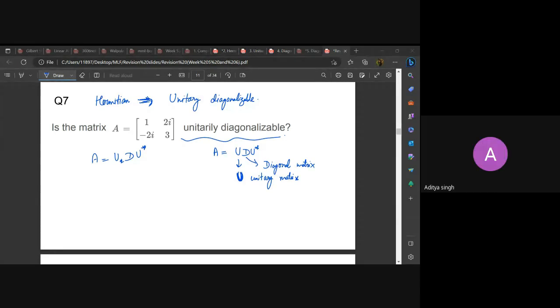Can you repeat, ma'am? The diagonalizable D matrix will be the eigenvalues, I believe. You find the eigenvalues and that will go to D. And U will be the normalized eigenvectors.